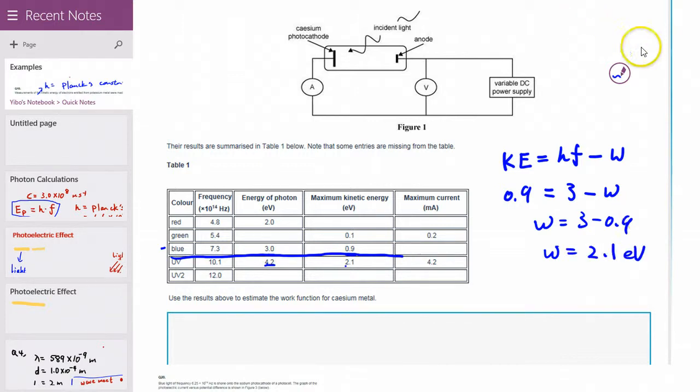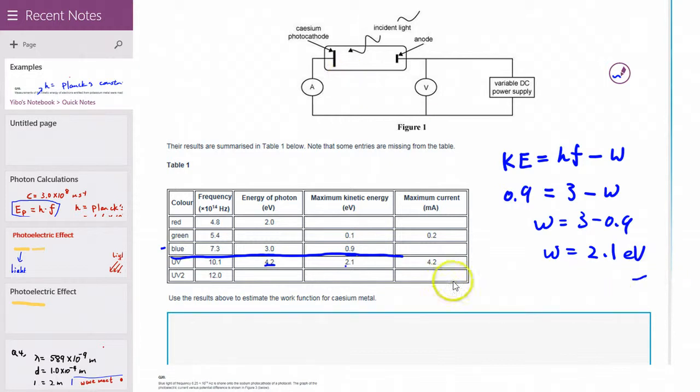This means that if I want to knock out the electrons of that cesium metal, I need to apply 2.1 electron volts of energy on a single electron to make it move away from the nucleus, from the metal plate.